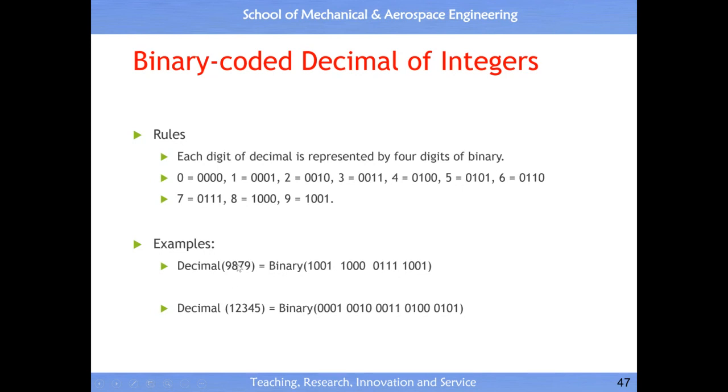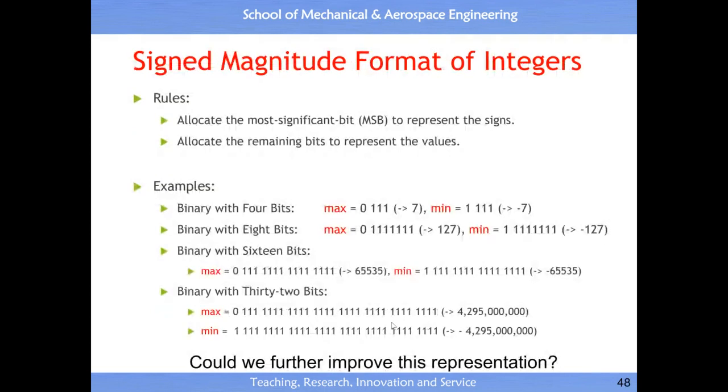When I see this one, I print out the 8, something like that, for printing or display. Then if we have 12,345, we can represent it by this coding. But this is only good for display and printing. It may not be good for calculation.